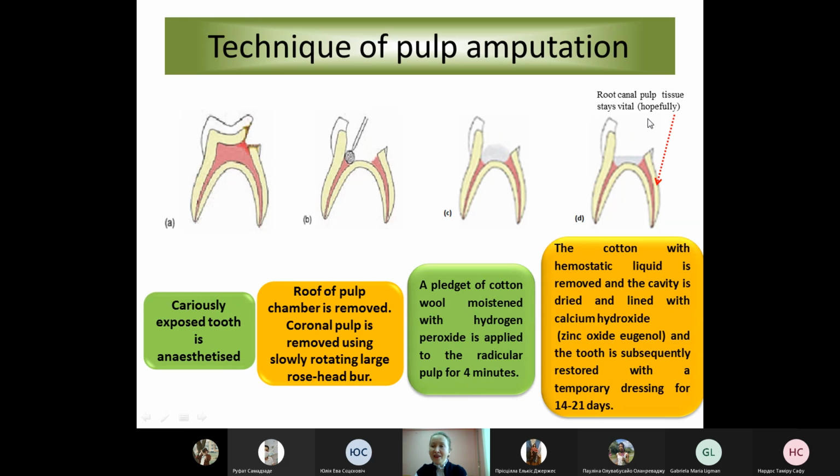And we should wait, hopefully, for these teeth to stay vital due to this treatment procedure. The calcium hydroxide dressing is left in the tooth cavity for 14 to 21 days, and this is considered enough for formation of dentine bridges, for calcification. So that is a sufficient period of time in this case of pulp amputation.